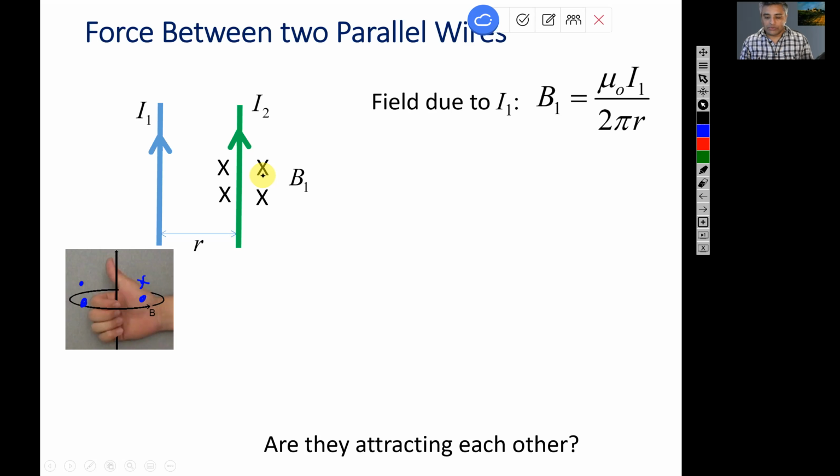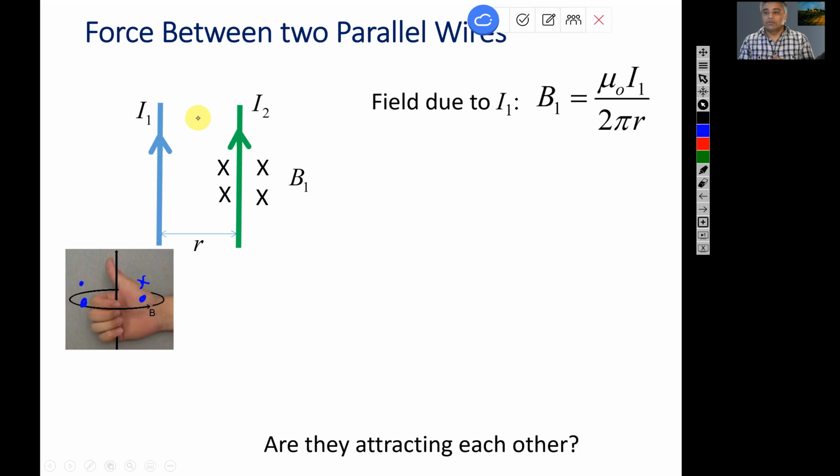Once we know there is this magnetic field and there is this wire carrying current, for a moment we can forget about the blue wire. Just think about the magnetic field, the second wire, the green wire, and current.